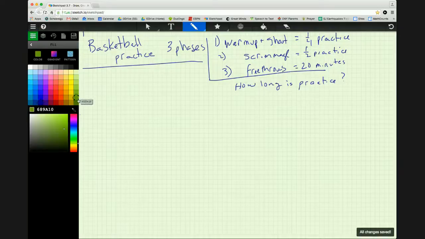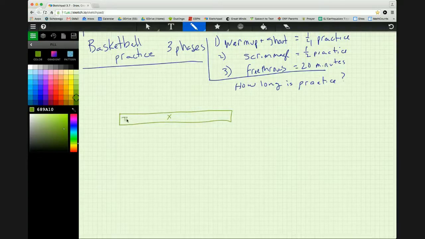Let's draw a picture. So basketball practice looks like this, and that's the entire time. This is the total practice. Now, 1/4 of it is warm up and shooting. Then we go into a scrimmaging phase, and then we go into a free throw phase.